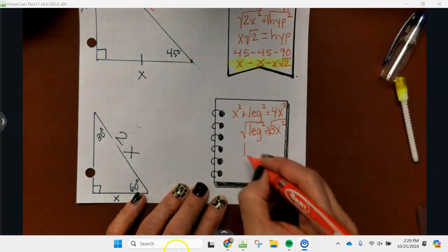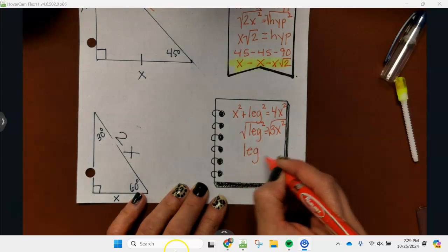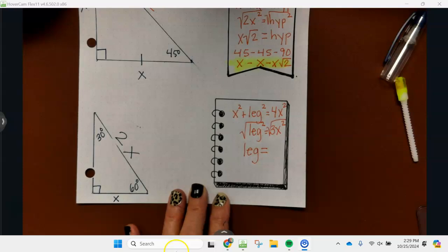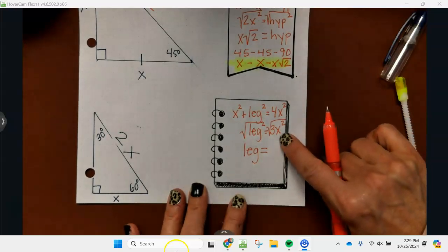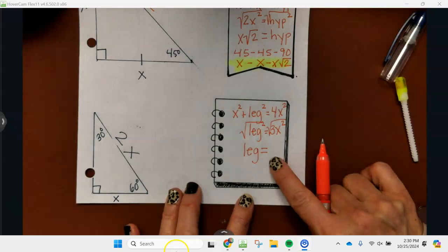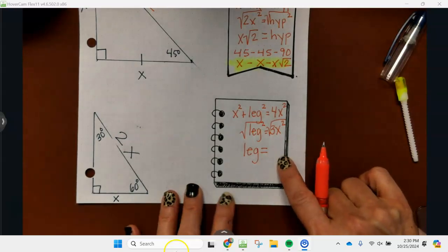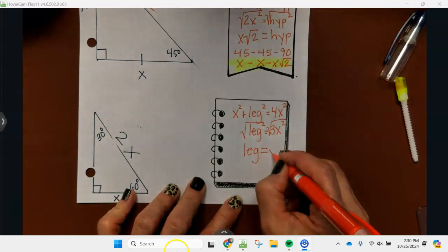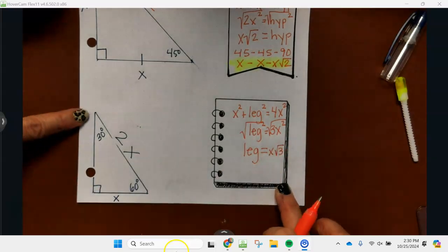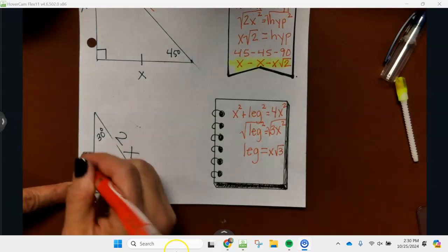So that leg is going to equal, what can we take out? An x. We can take out x squared. So it's, what do we write right here? X root 3. Great job. So x root 3 is going to be written right here. This is x root 3.